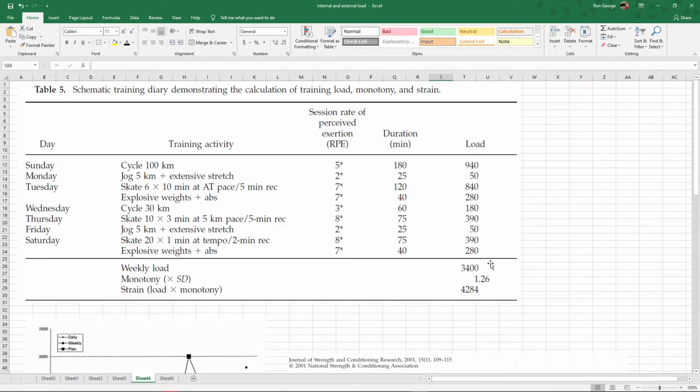Having the weekly load, this is a summation, not an average. Having the weekly load, you can also describe the variation between each of the loads on these days. That could be described by a metric called monotony. It's nothing but the standard deviation of all these training loads.